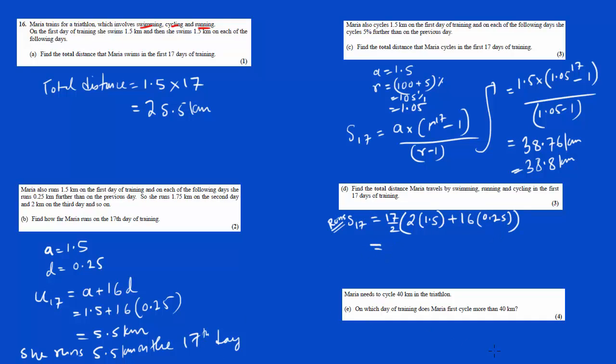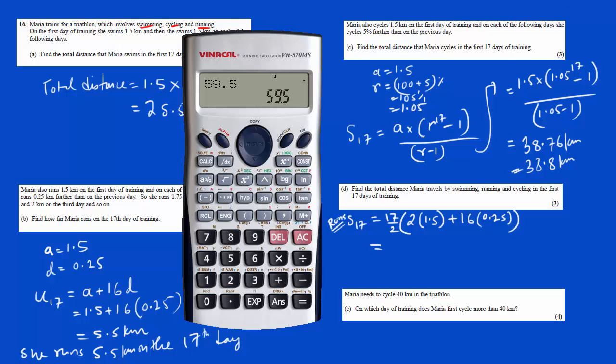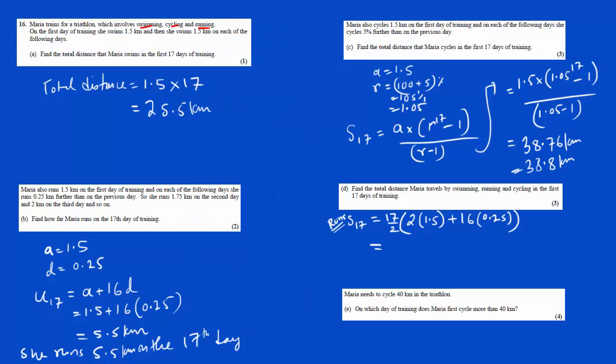So let's use the calculator. 59.5. So total distance is, first of all, we have swimming, which is 25.5. Then we have running, which is 59.5.